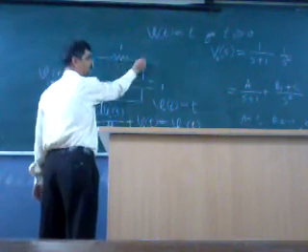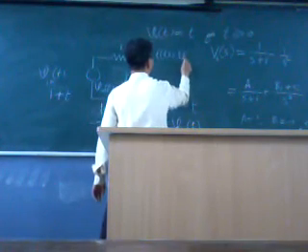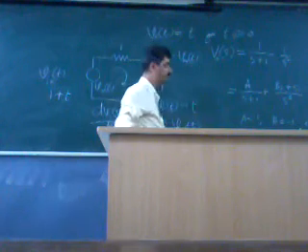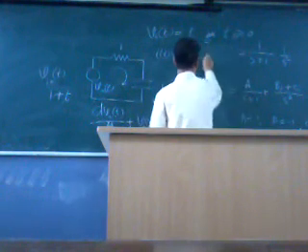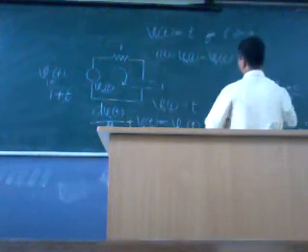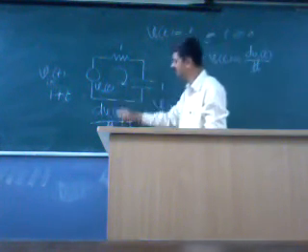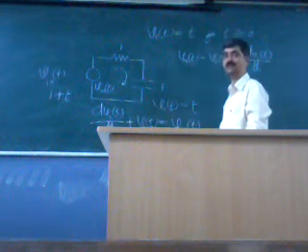IT is V in T minus VOT upon R. Then since this is a capacitor, IT must also be equal to dVOT upon dt. So this is the equation, and this VOT you can take to the other side. So dVOT by dt plus VOT is equal to V in T, right?